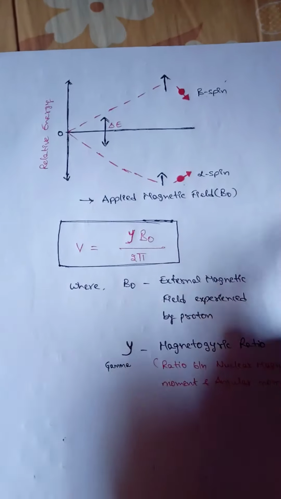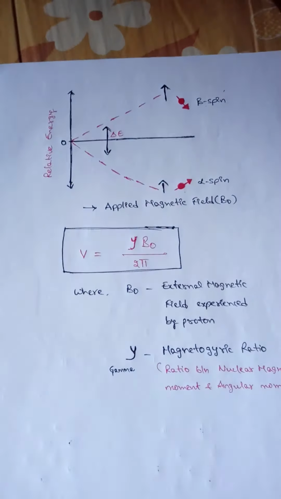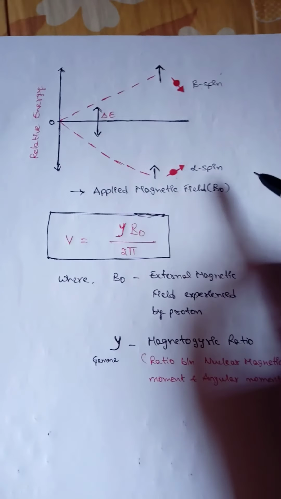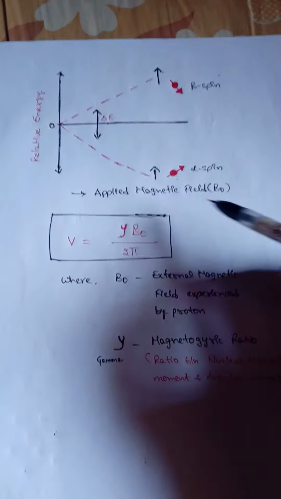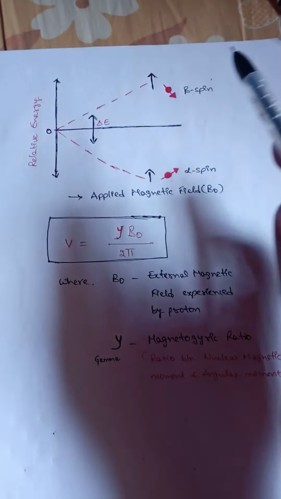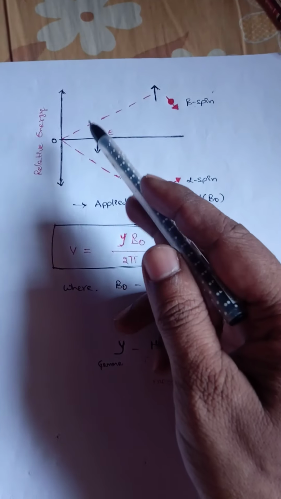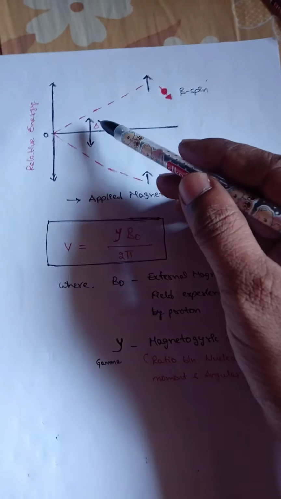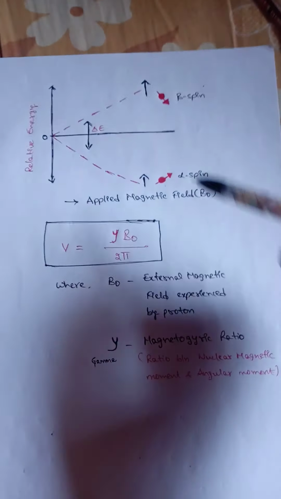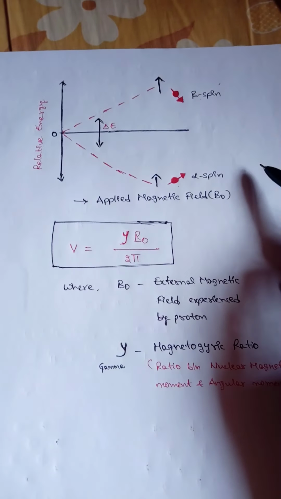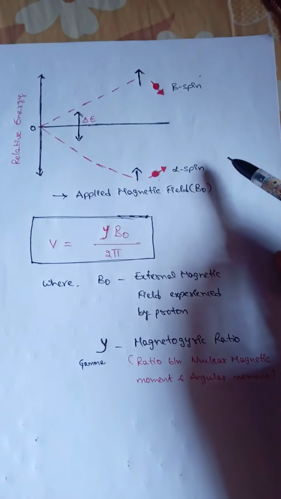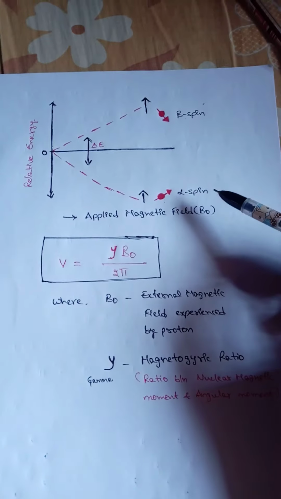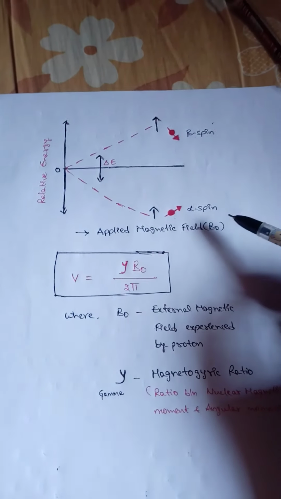This is the general energy gap between the two nuclear spins. If an external field is applied, there is the direction of the applied magnetic field and a relative energy. The difference between the two spin states of the nucleus is given as delta E. If an external field is applied, an energy transfer, that is delta E, is possible between the ground state and the excited state.